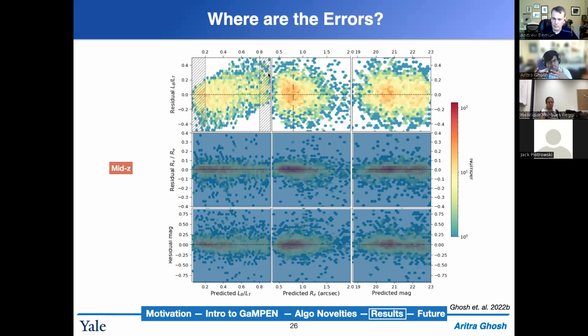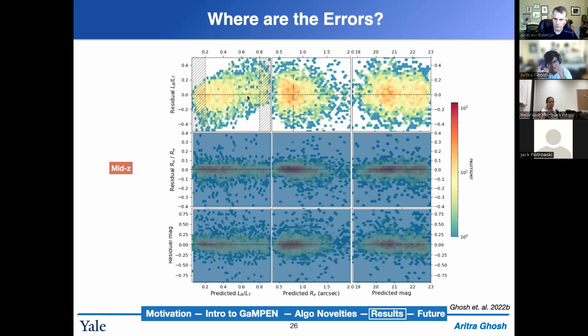And we had shown in previous work that what you can do at the edges, instead of predicting the exact value, is say, okay, I cannot determine the exact value, for example, over here. I cannot exactly determine the bulge to total light ratio, but I can fairly say with confidence that it is less than 0.2. Same for the highest.